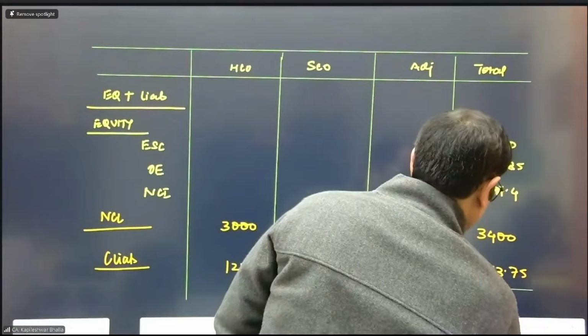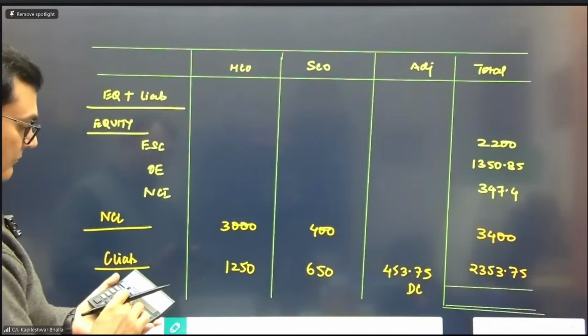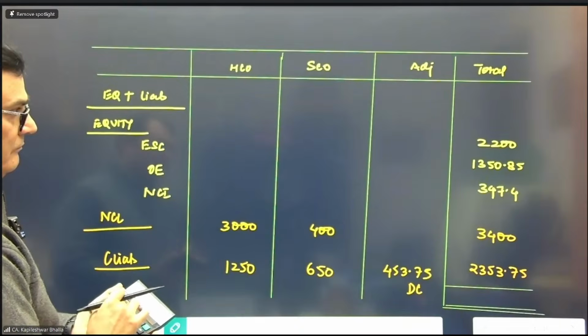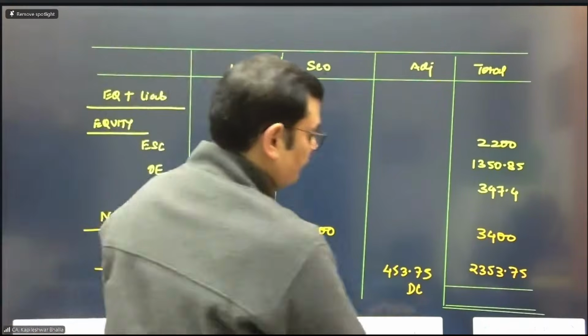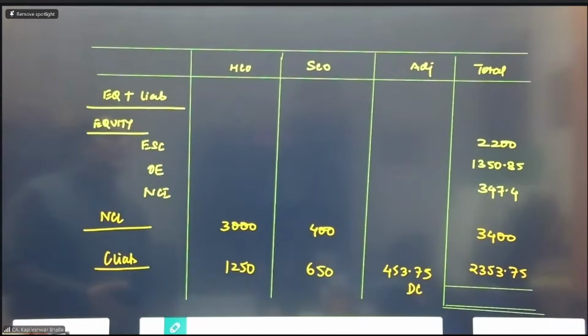I think that's it. This should close the balance sheet, I guess. $9,552. Difference of 100. Did we leave something out, 100?